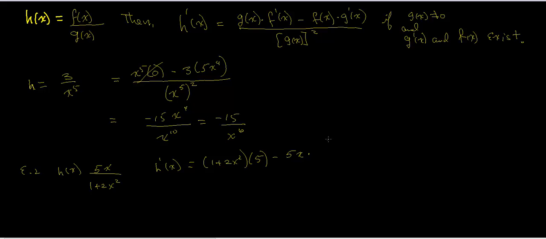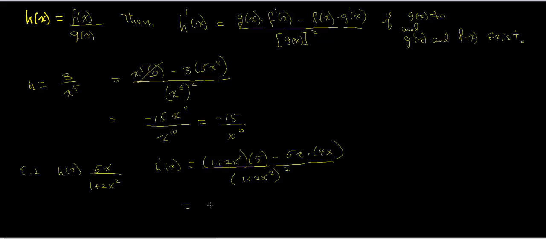In this case it would be 4x, and everything divided by the lower function squared. So in this case it would be 1 plus 2x squared, and we square everything.